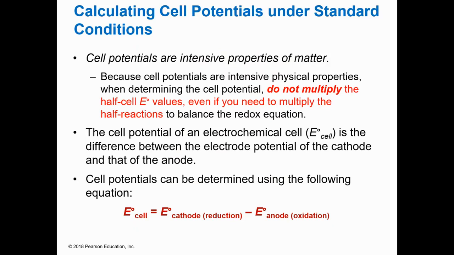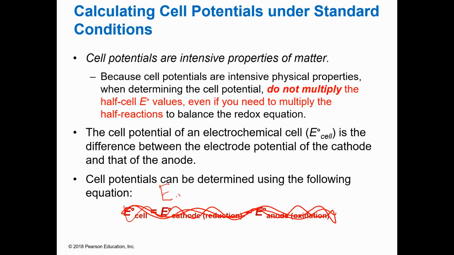Also, when we multiply these half reactions, we do not multiply the values, the voltages. Even though we did that in chapter 18, we do not do that in chapter 19, okay? And actually, I don't even like this equation down here.